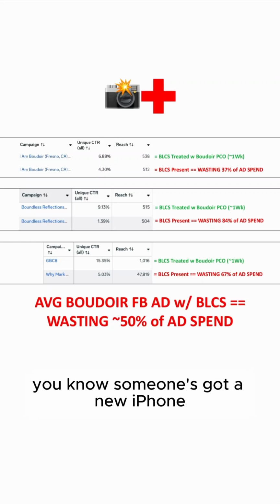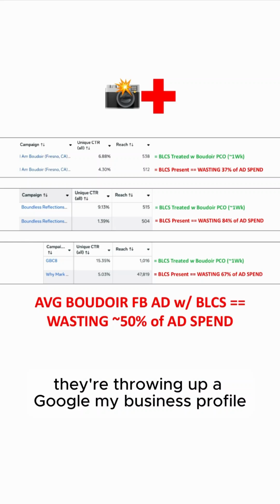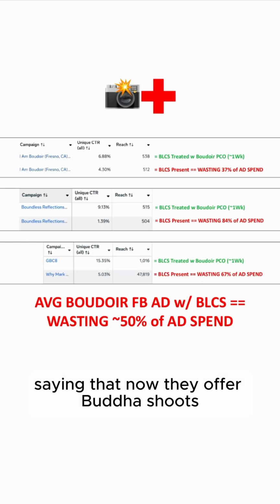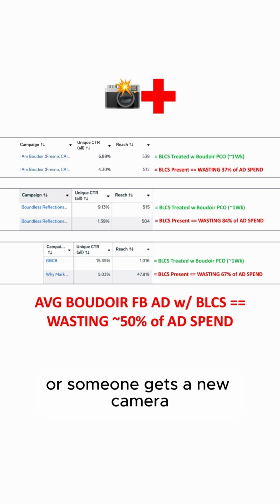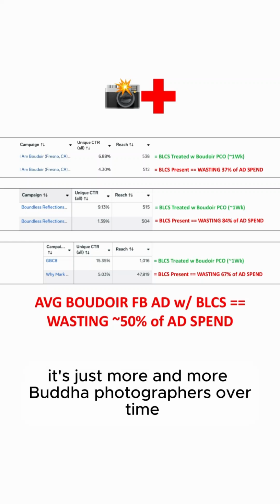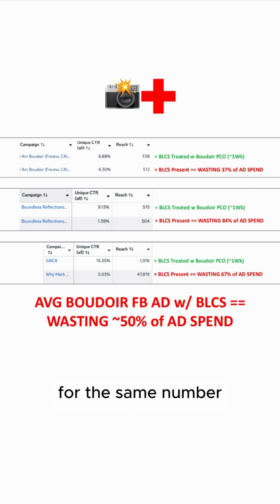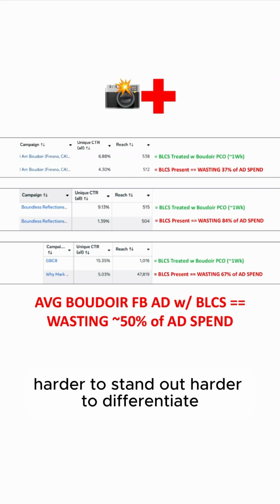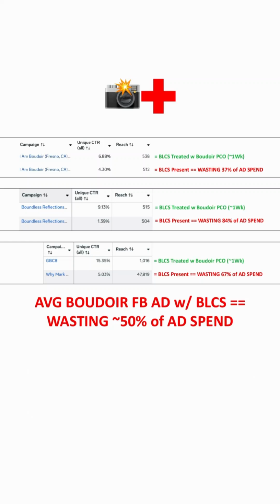Someone's got a new iPhone, they're throwing up a Google My Business profile, saying that now they offer boudoir shoots, or someone gets a new camera, now they're posting in the mom groups that they offer boudoir photo shoots. So it's just more and more boudoir photographers over time competing over the same number of buyers, harder to stand out, harder to differentiate.